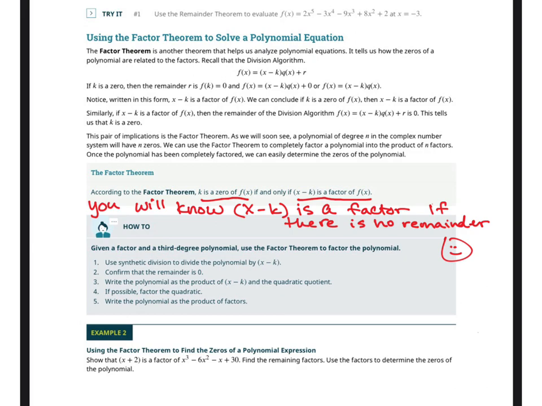Okay, so here at the very bottom, we have this problem. It says, using the factor theorem to find the zeros of the polynomial expression. So show that x plus 2 is a factor of x cubed minus 6x squared minus x plus 30. Show that it's a factor. Okay, I'm going to go on to the next page so I have more room to work here.